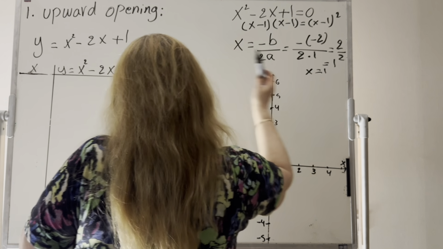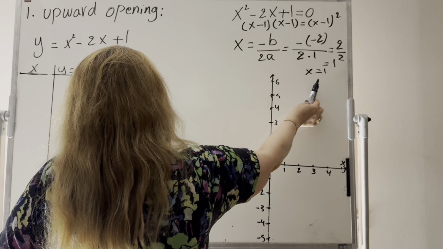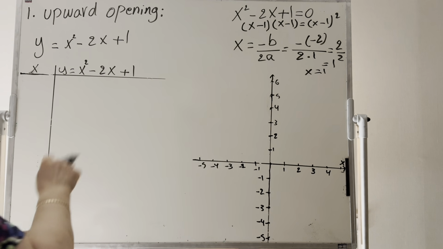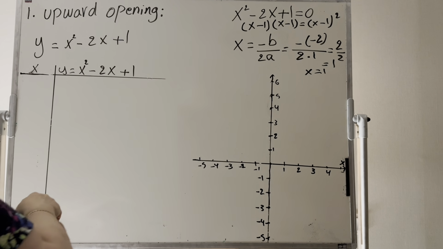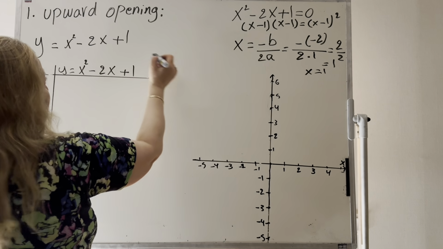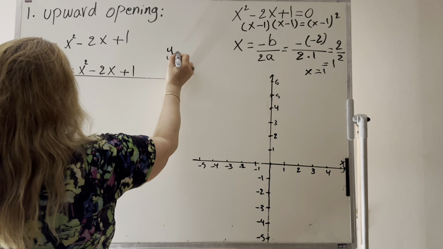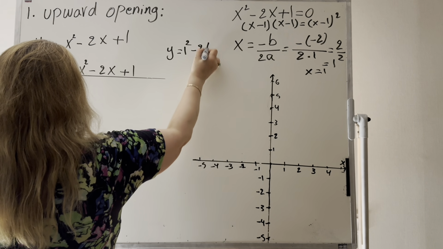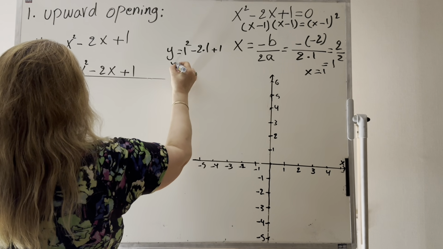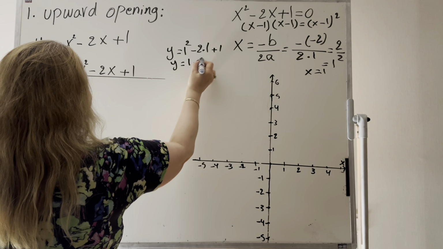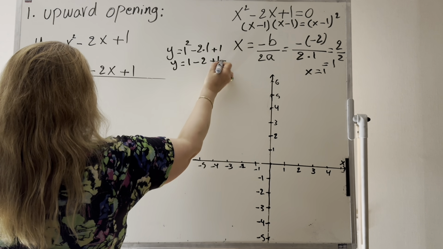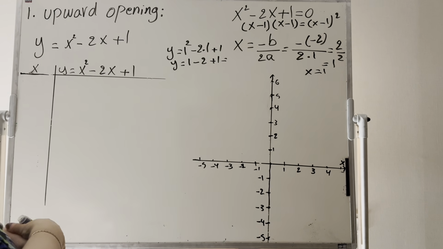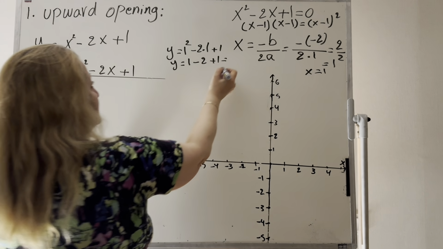And how do I get the vertex? I will write the x value in the equation. When x equals 1, I will get the vertex. I can do it here: y equals 1 squared minus 2 times 1 plus 1, which is 1 minus 2 plus 1, equal to 0.